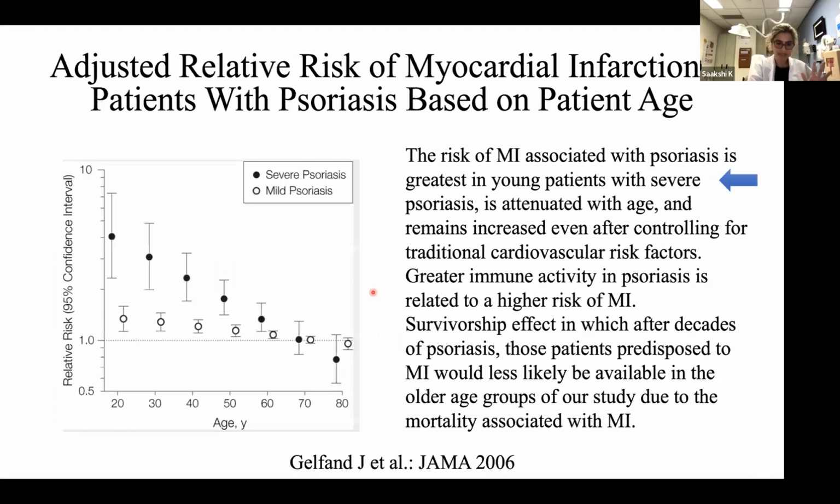Now, the reason why psoriasis is important is that it is associated with metabolic syndrome. Way back when, in 2006, Dr. Joel Gelfand, who's at UPenn, looked at the adjusted relative risk of MI in patients that have psoriasis. What he came up with is that the risk of MI is greatest in patients that have severe psoriasis, and it remains even after controlling for traditional cardiovascular risk factors.